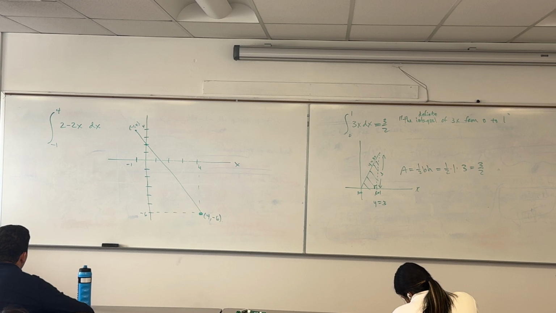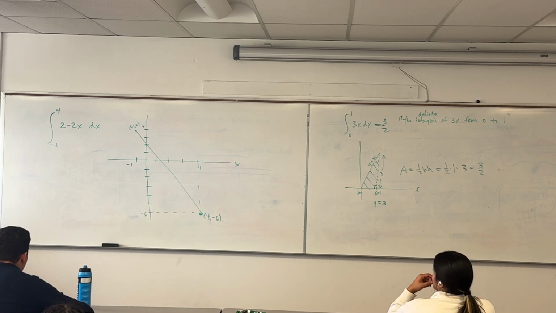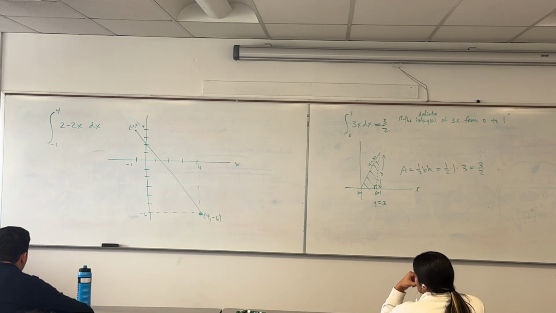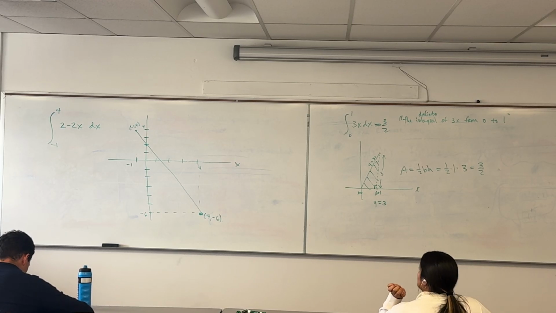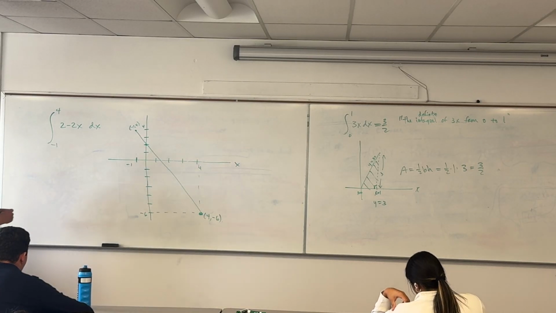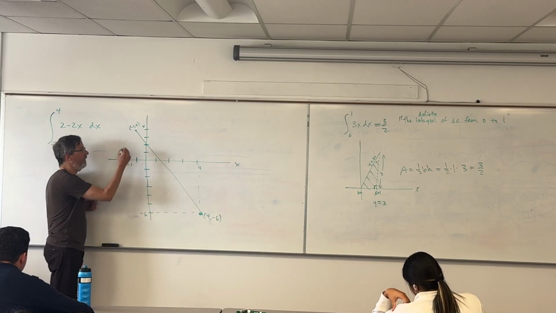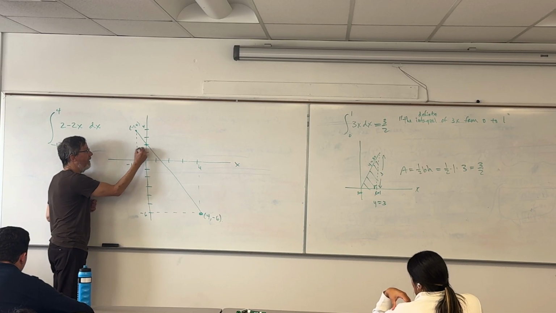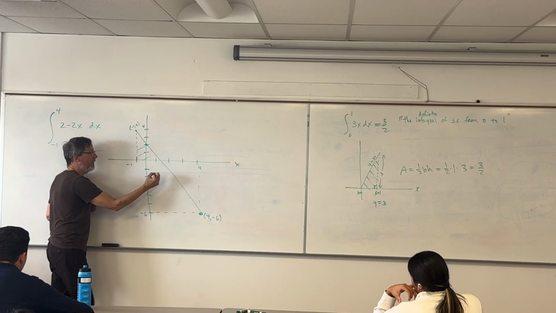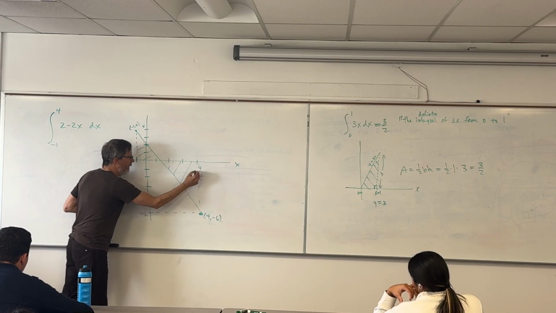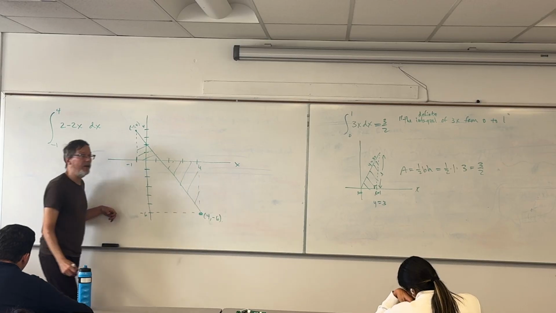Make sure your graph looks like that, or let me know if my graph's wrong, but I'm seeing some strong nods. So what I would recommend is looking at the total signed area once you get that area and that area. One is positive, one is negative.